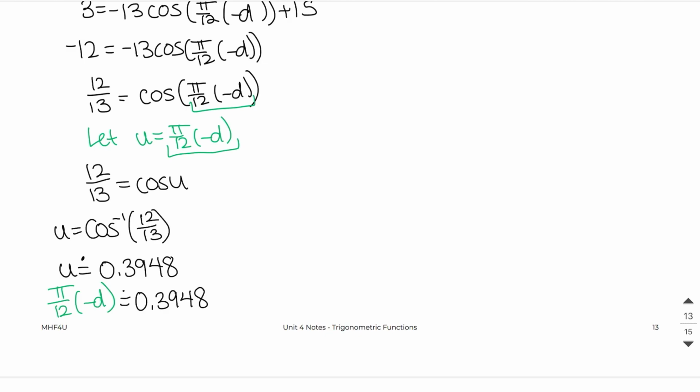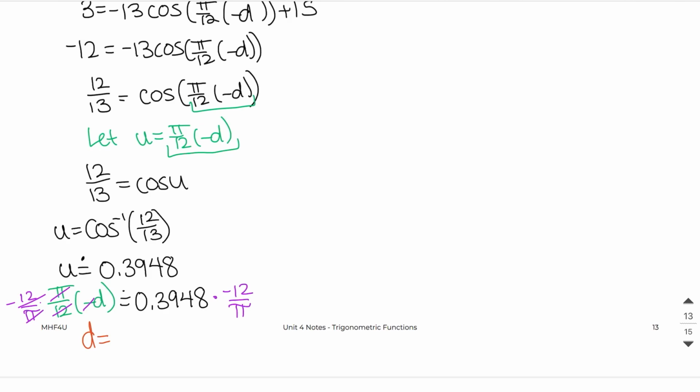So in order for me to solve for d, the first thing I would do is multiply by 12 over pi to cancel these out right here. And then I would also multiply by a negative to cancel out this negative right here. So then that would just give me that d equals, and then I'm going to do the same thing on this side. So I'm going to multiply by negative 12 over pi. Now, I'm trying not to round quite yet.